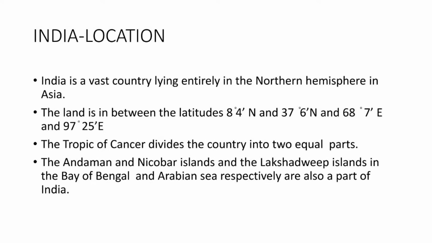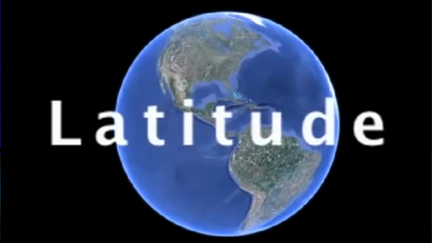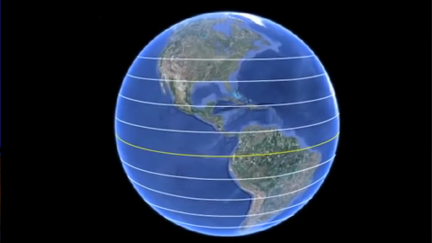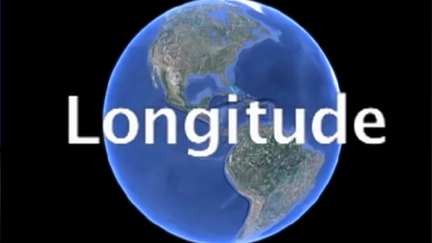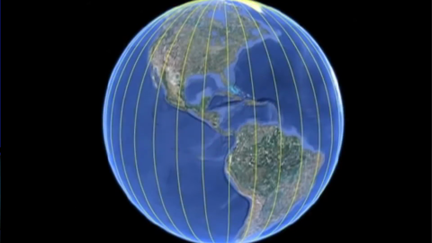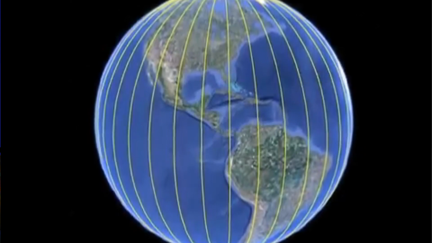Let me tell you what latitudes and longitudes are. Latitudes are imaginary circles that run east to west and remain parallel to one another and also parallel to the equator. Whereas longitudes are imaginary lines that run from the North Pole to the South Pole. So this is how we come to know how to locate our country India.